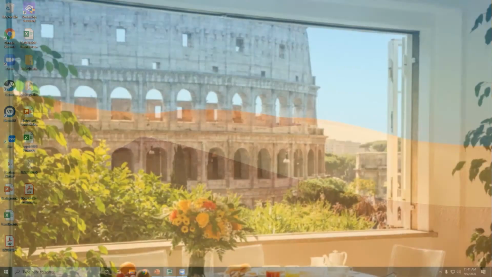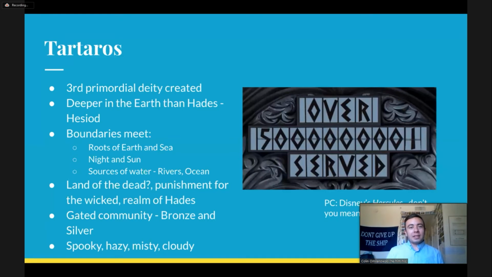So there's a little bit of a question of whether Tartarus is actually the land of the dead. We know that Hades has a great time in his gated community, bronze gates, very exclusive, having people come there. They have punishments. We could think of Sisyphus pushing the boulder up the hill and then it's coming back down. He's got to do it all over again. But in Tartarus, you actually don't know if people are there.